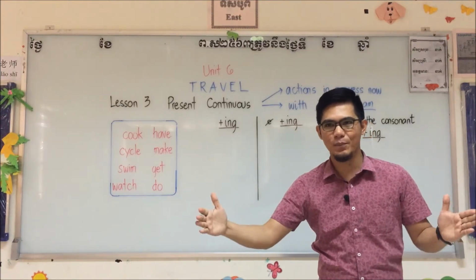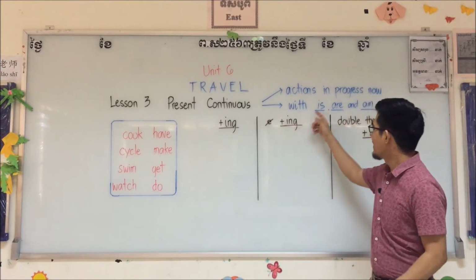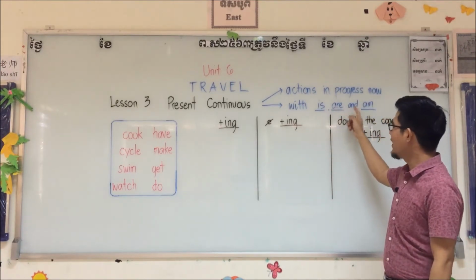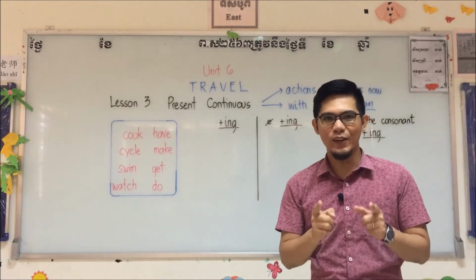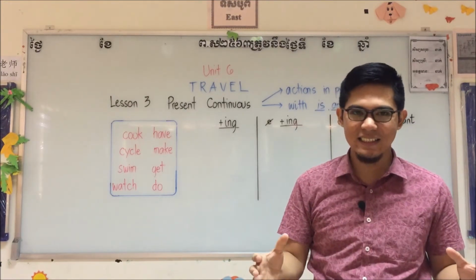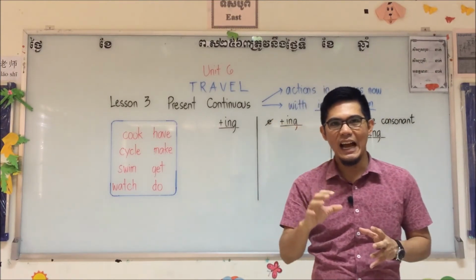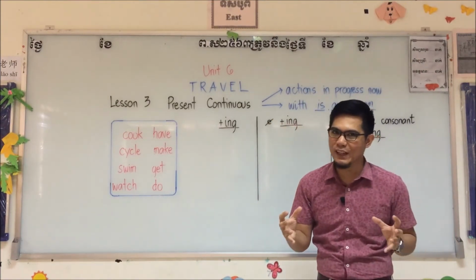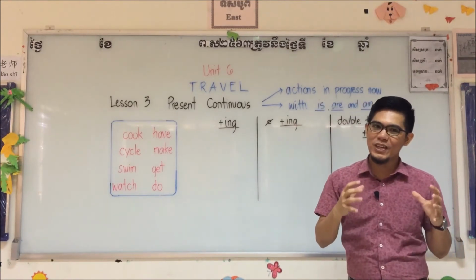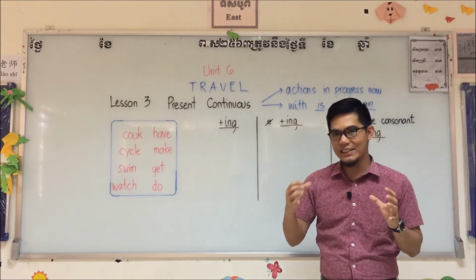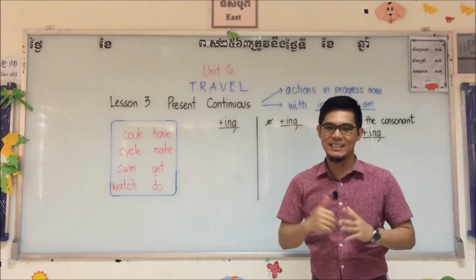And when we use present continuous in a sentence, it always comes with is, are, and am. But before we go to sentences, we will learn 3 rules on how to change the verb into ing form, because we will use that in a sentence.